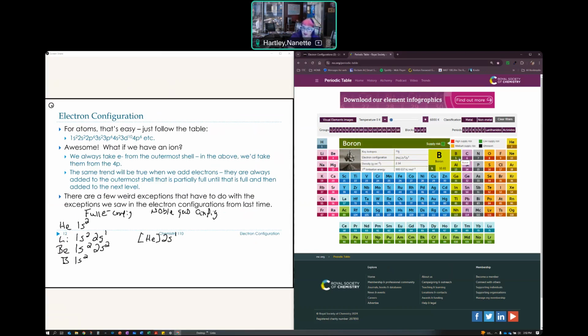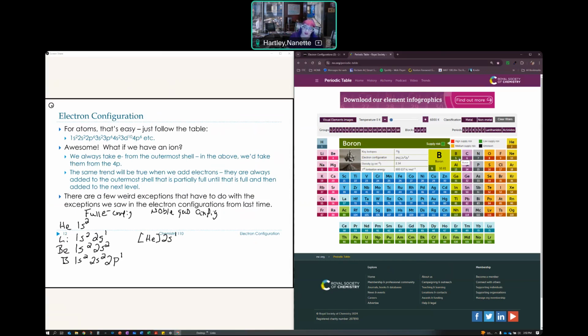I have the 2s2 from the beryllium. So whatever came before me is still there. 2s2. And now I'm still in row 2, so the number in front of it is still 2. It's a p-type orbital. And there's 1 electron that I need to put in it because I only added 1 more, right?